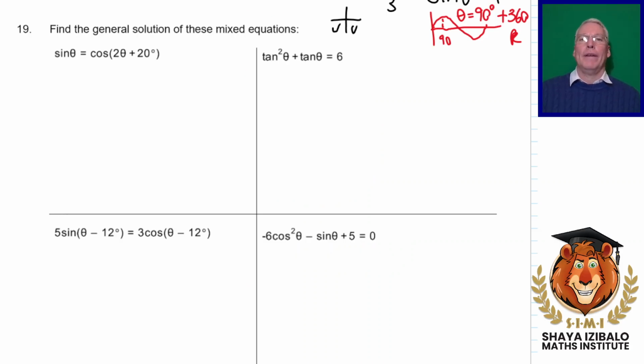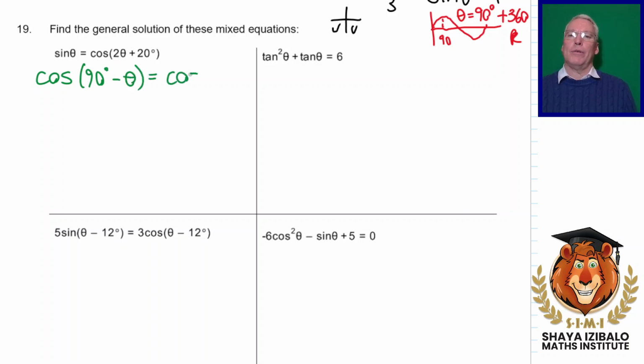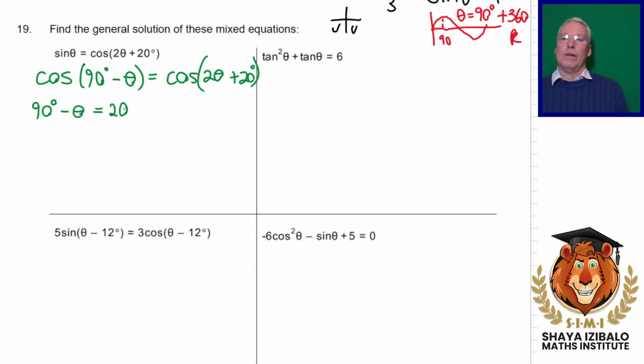Right, so the first one is one involving sine and cos with different angles. So what we're going to do is we're going to change the sine into cos of 90 minus theta. We're going to leave this one as cos of 2 theta plus 20. Now, remember when we've got cos equal to cos, either the one angle equals the other angle, right?